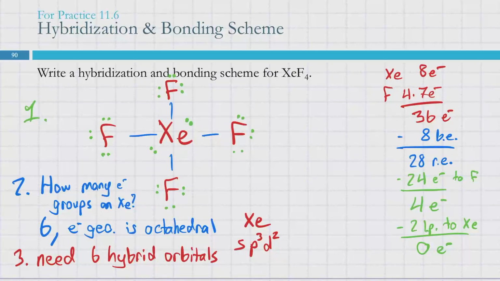So it's going to be sp3d2 hybridization. We're putting in 6 atomic orbitals, we're getting out 6 hybrid orbitals. And they're going to have the octahedral shape. So we'll have 1 going up, 1 going down, and then 4 in the equatorial positions. And that's how we're going to get all of these bonds filled out.